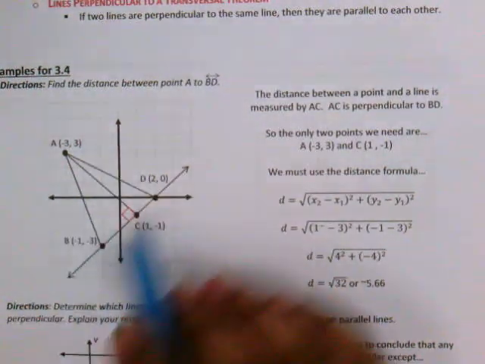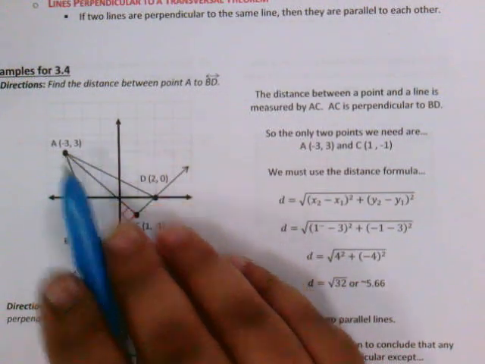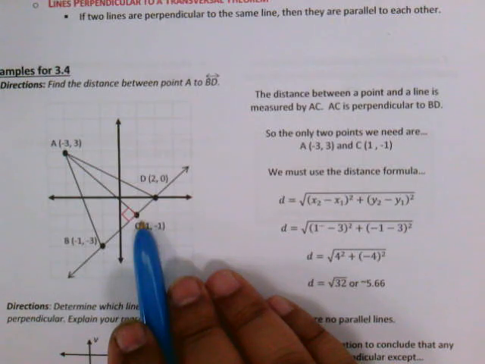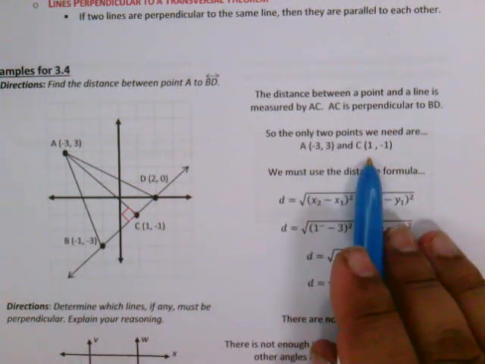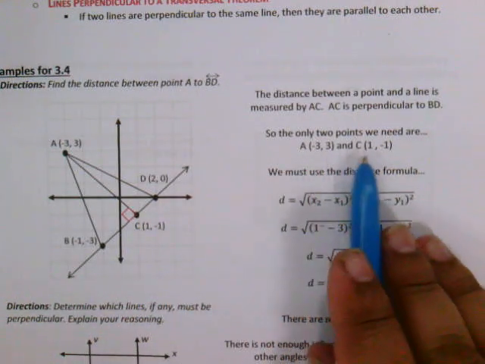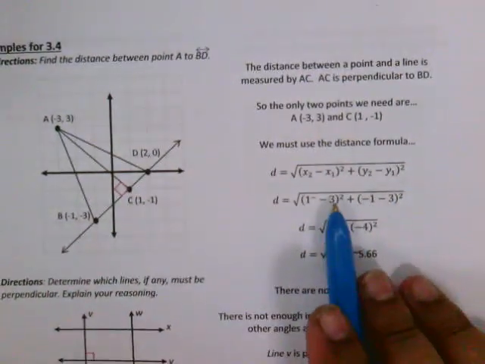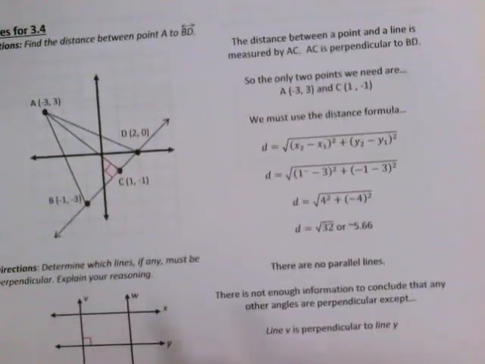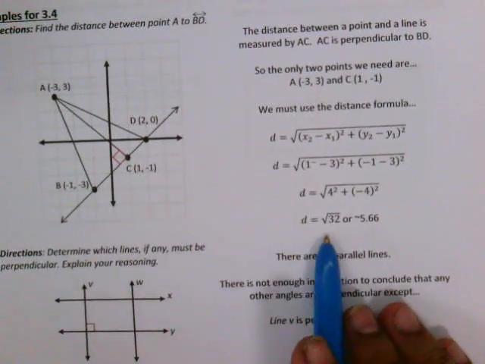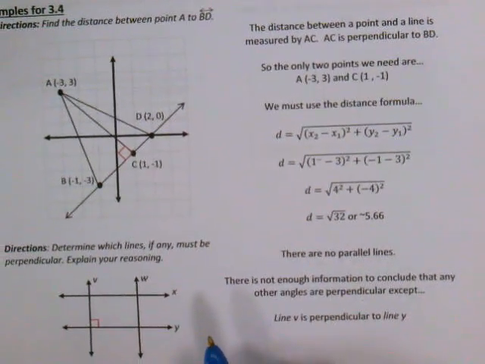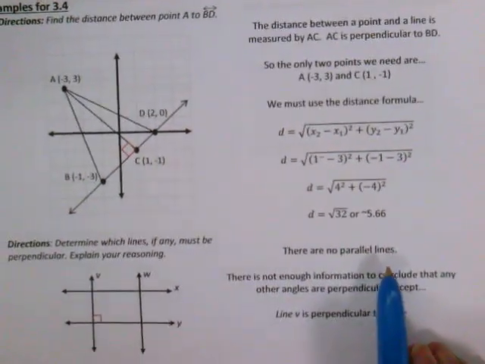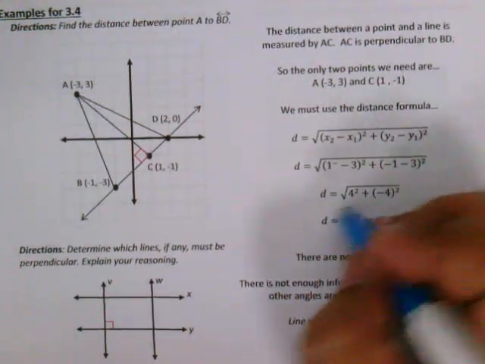So therefore, despite all this information, the only information we need is this distance right here. We plug in our x1, y1, x2, y2 into the proper formula here. And when we do that, we get our distance, which is about the square root of 32. Now, there are no parallel lines. Okay, so that's good. All right, so that's our answer.